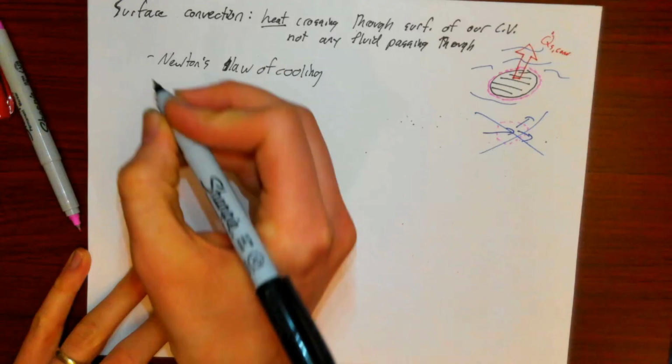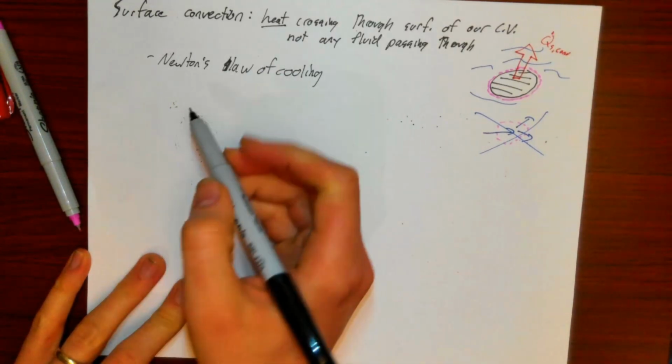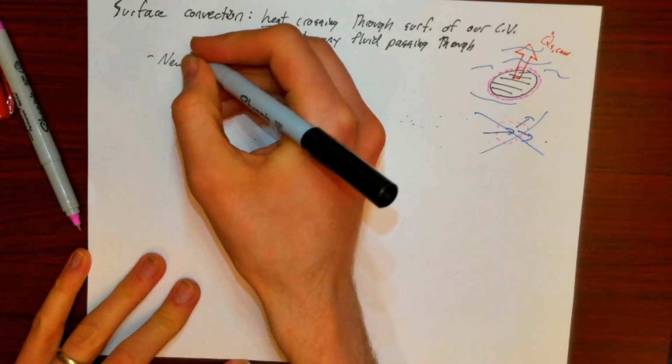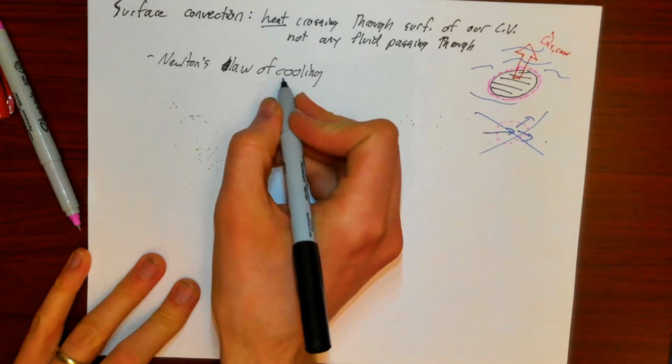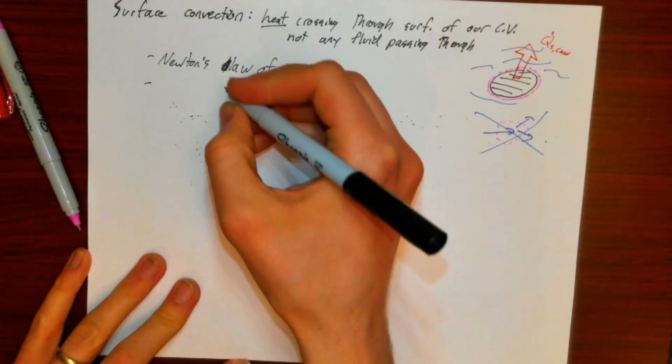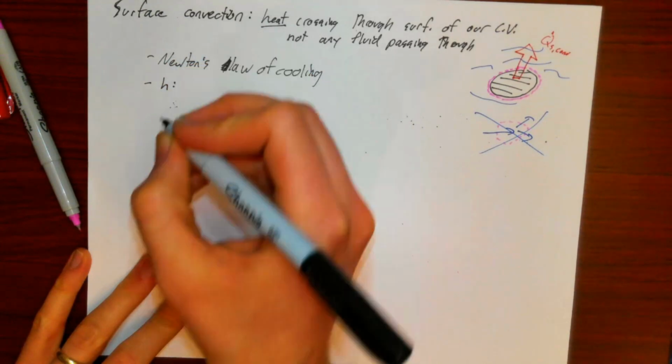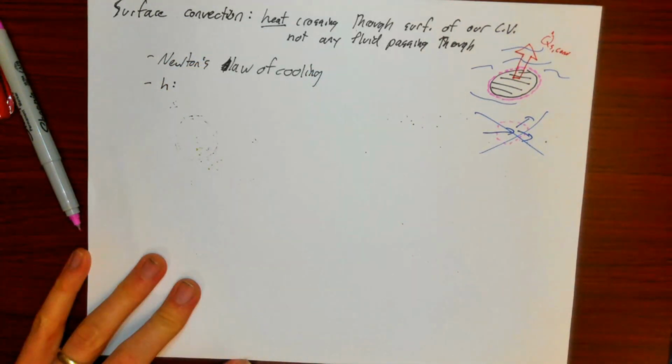And if you want to make puns about it, you can call it Newton's coleslaw. And it turns out one of the parameters in Newton's law of cooling is this parameter H, which we call the convection coefficient.